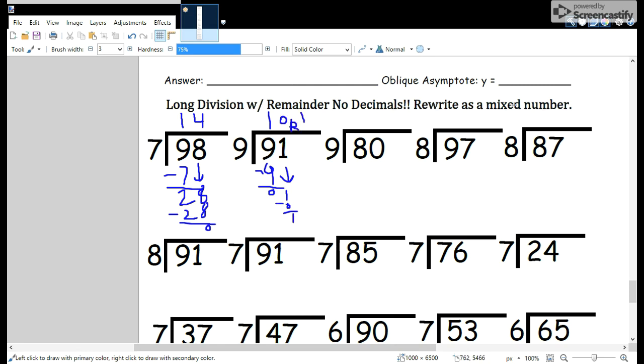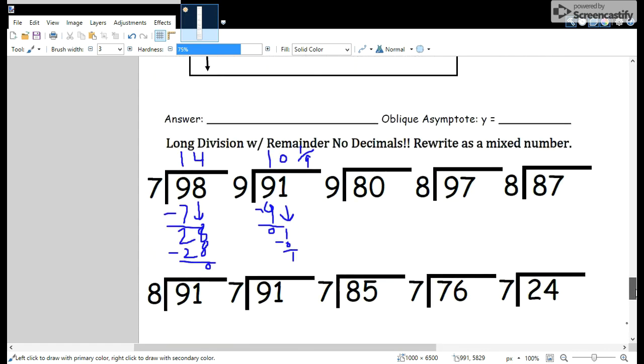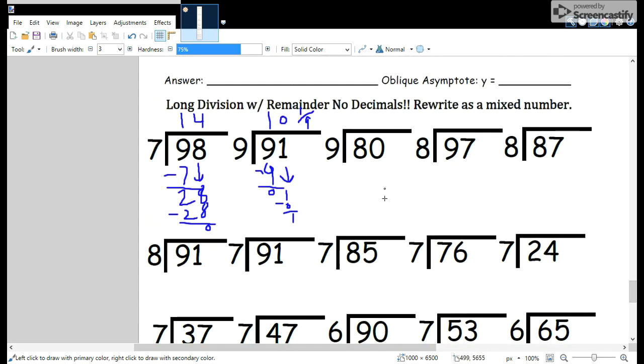So change that into a mixed number. It would be 1, your remainder, over 9, your divisor. So your answer would be 10 and 1/9. Try the rest of these questions in your packet on your own or in your groups.